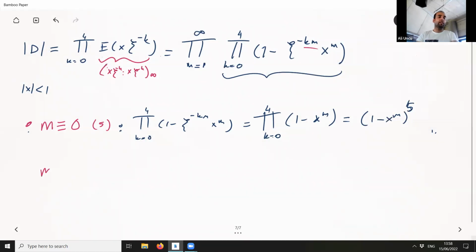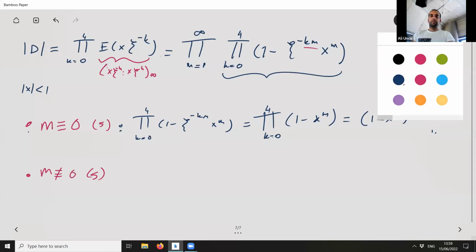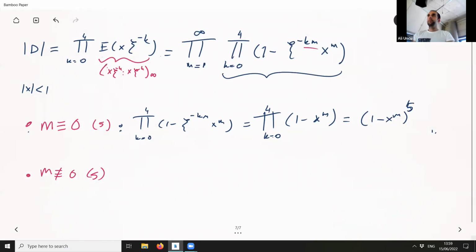What if it's not congruent to 0 mod 5? Then what are we going to have? Then it actually simplifies even more: 1 minus zeta^k x^m. How should I make sure that we see this?